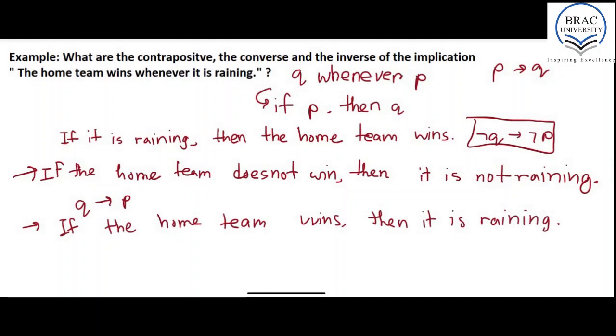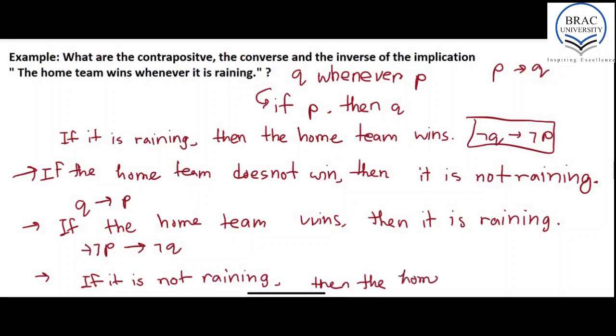Now we will try to write the inverse of this. The inverse is not P implies not Q. So this can be written as: if it is not raining, then the home team doesn't win.